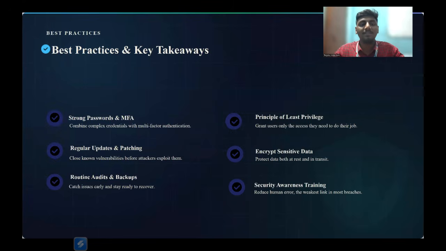The best practices and key takeaways are strong passwords and MFA, regular updates and patching, routine audits and backups, principle of least privilege, encrypting sensitive data, and security awareness training. If we practice these things, I guess we can all protect our personal information and everything.